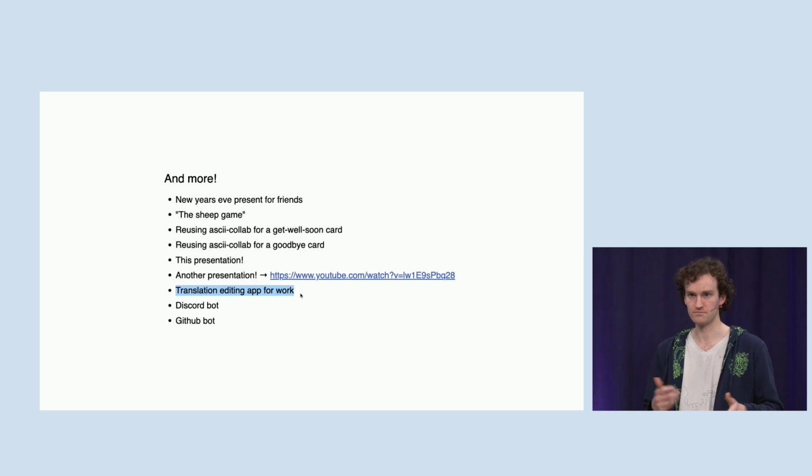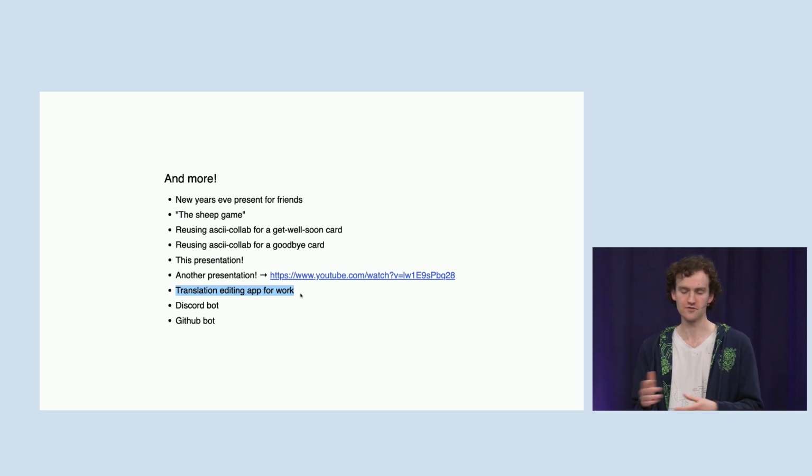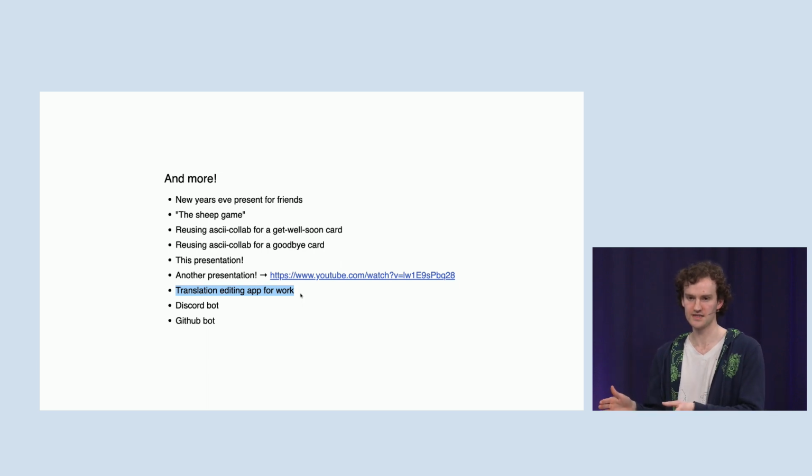So we need market specific translations for this app, which means we need to somehow get all of the translations out of our code to a translator. Typically, you put them in a spreadsheet and give the spreadsheet to the translator. The translator will give you back the spreadsheet with another column filled with the translations. And then you, by hand, need to take all those translations and put them in the right places.